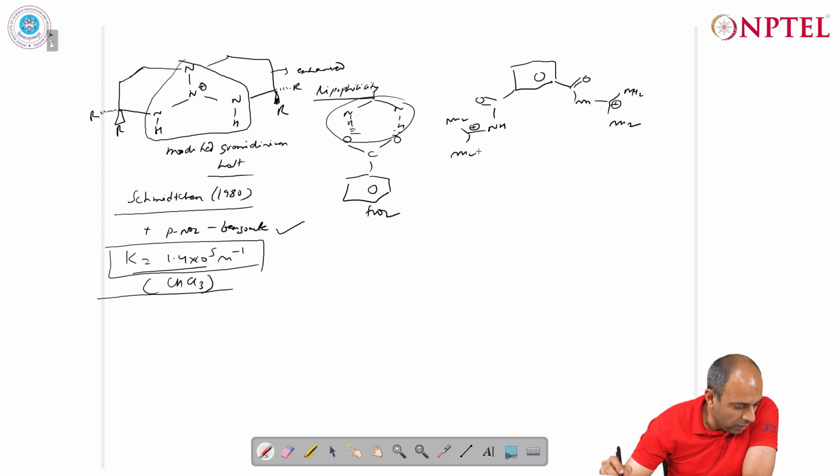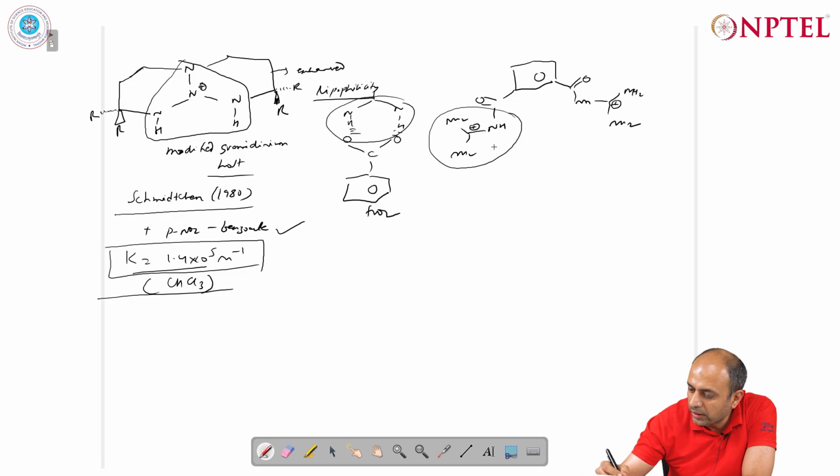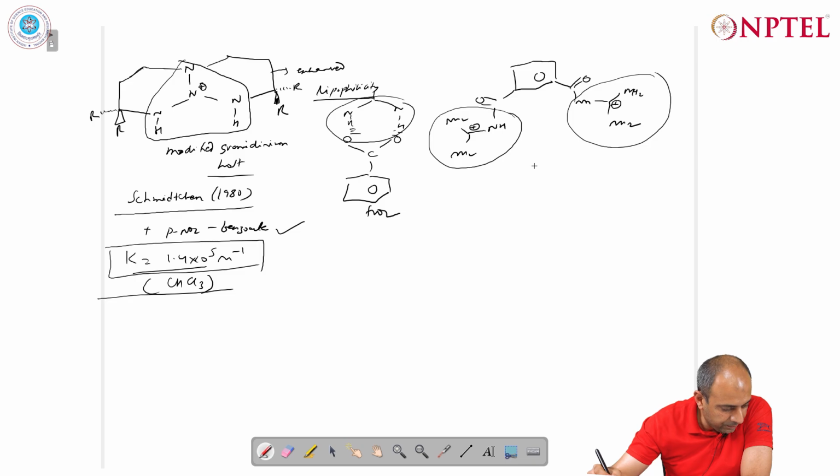Now, here we have very cooperative binding, because you will have the guanidinium moiety on this side, and on this side also you have the guanidinium, and they can interact with the phosphate.